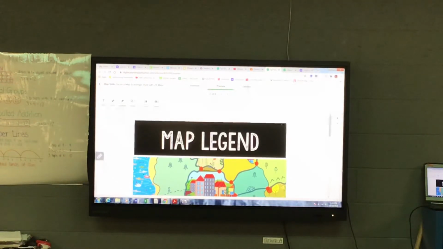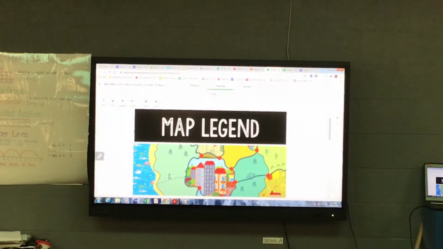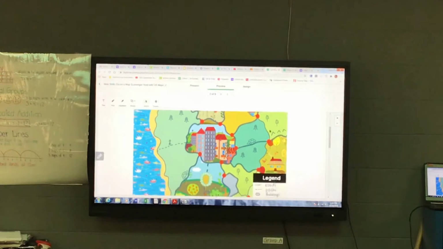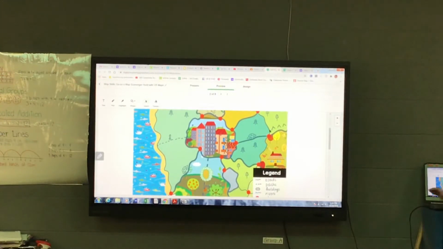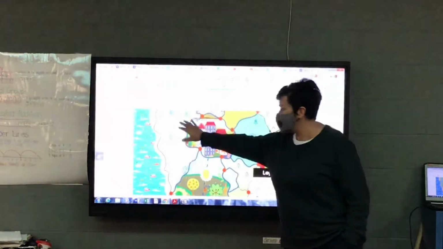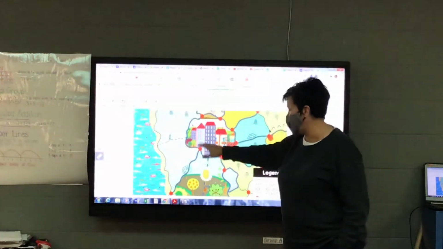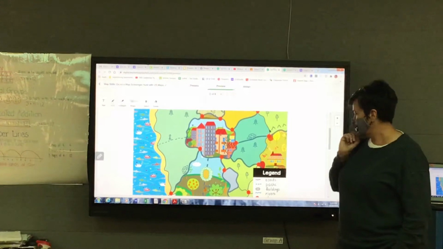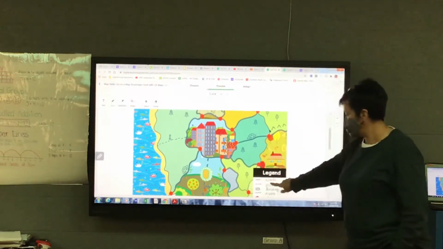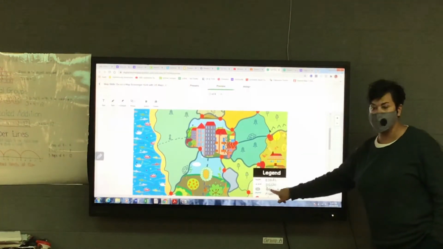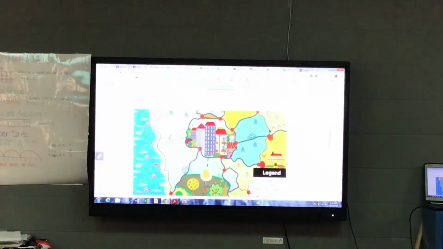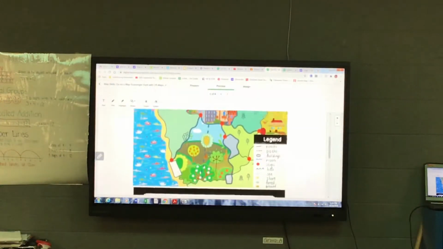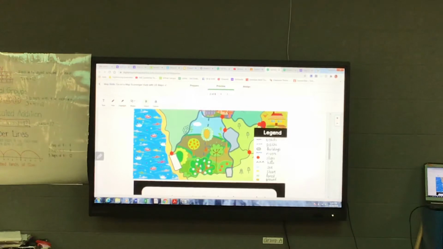All right, so if I scroll down a little bit, first of all, looking at all these different things on this map, I have trees and I have a road, I have these red dots. Do you see the legend down here in the right hand corner? Yeah. Let's take a look at this.